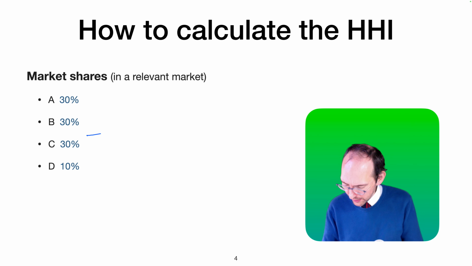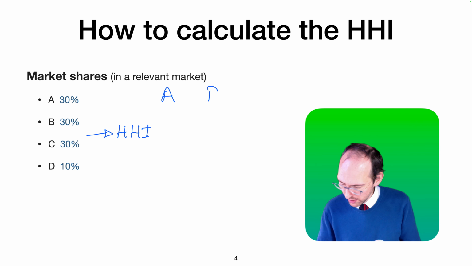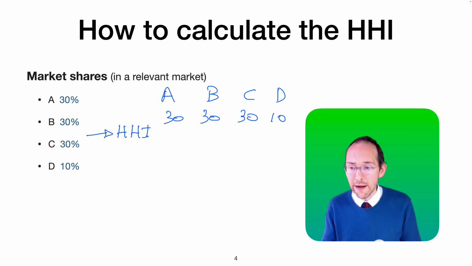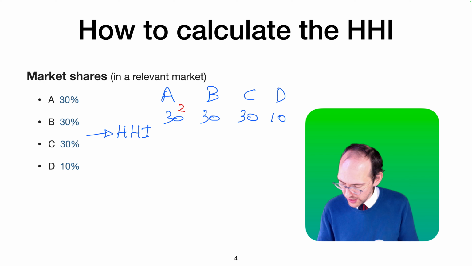To then calculate the HHI, it's pretty simple. You take the market share of the players in the market. So you take the market share of A, B, C, and D. And you're going to square those market shares. That's really the key point. You're going to square the market shares of the players in your market.